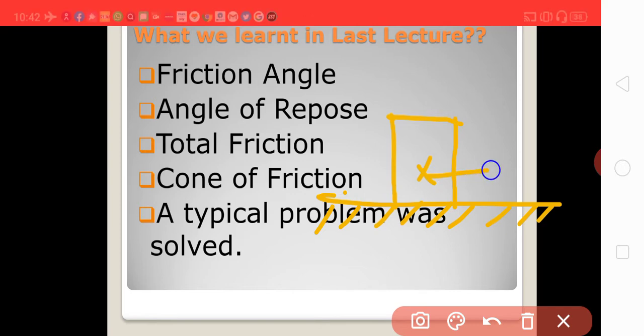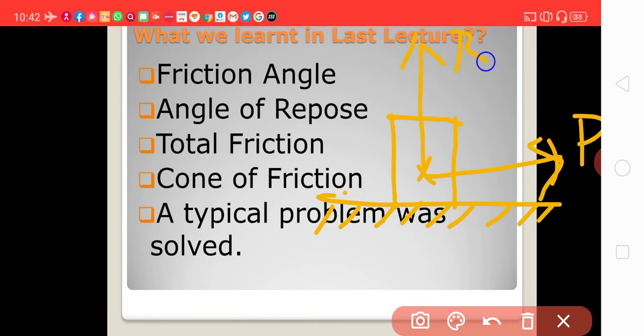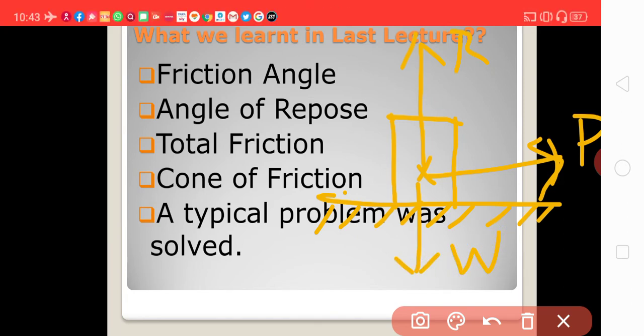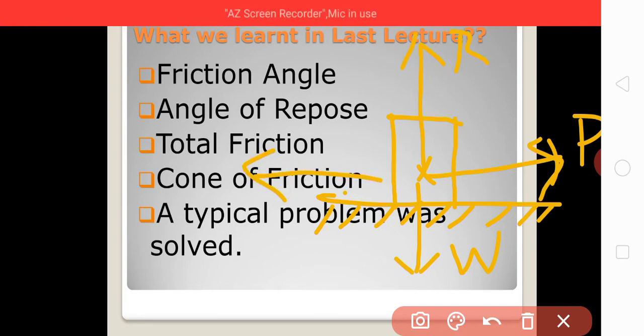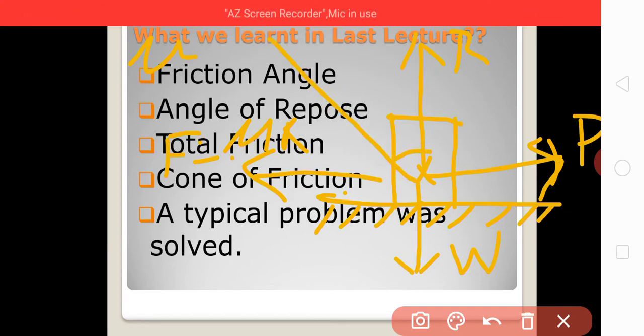A force P is applied like this, reaction is acting upward, weight is acting downward. Then the frictional force will be acting like this. If mu is the coefficient of friction, then it will be equal to mu R. Then the resultant will make an angle theta with the reaction.